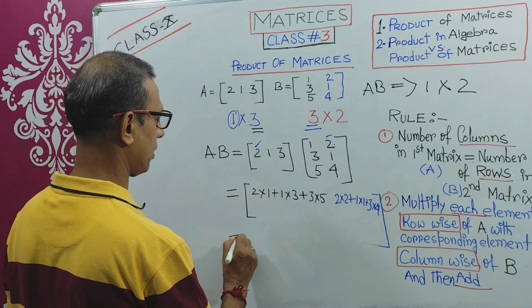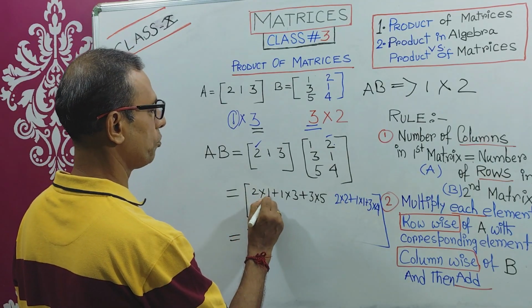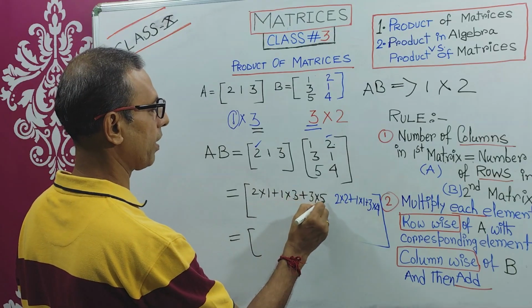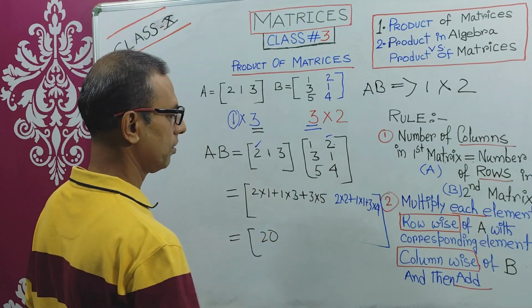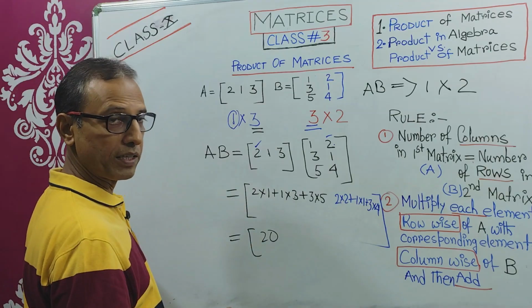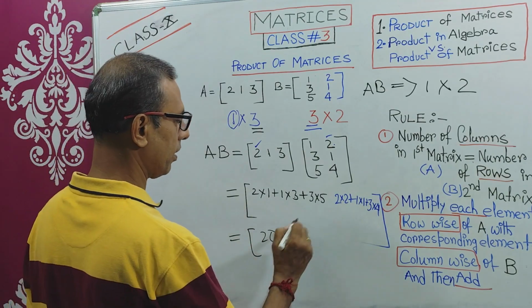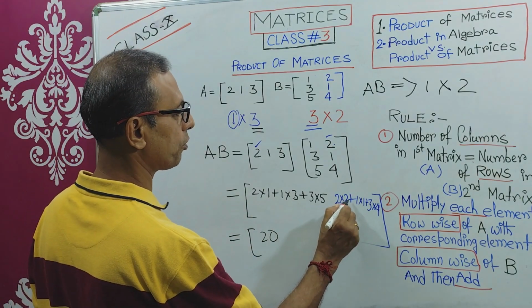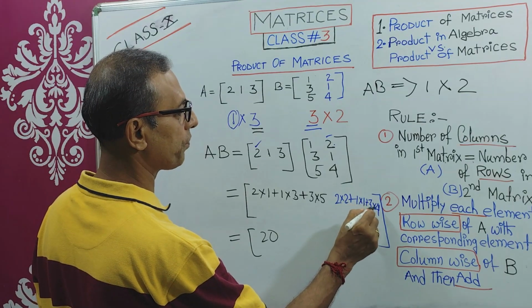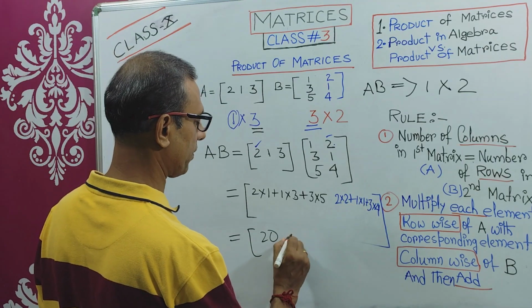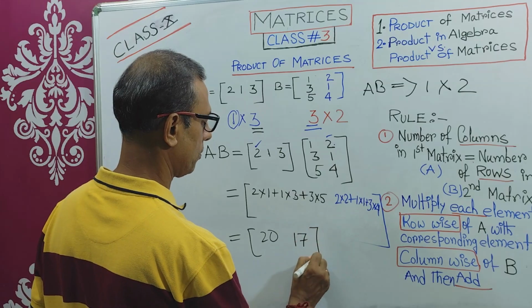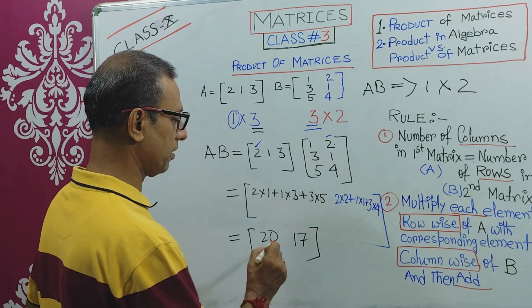So what is the matrix now? It is 2 plus 3, 5 plus 15, 20. The first term, what did I get in the last example? Now the second element is 2 into 2, 4, 4 plus 1, 5, 5 plus 3 into 4, 12. So 17. So now what is the order of this matrix?